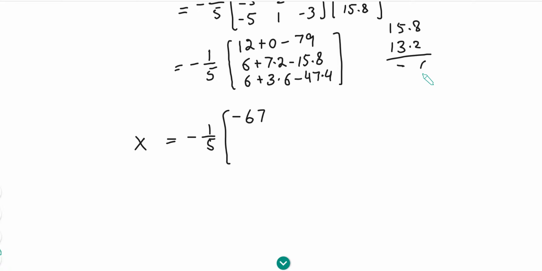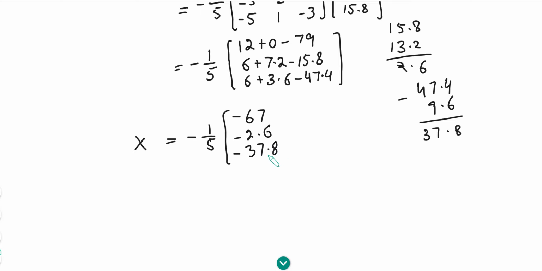Their difference is 2.6, which will be negative 2.6. In the same way, this is negative 47.4, and this one is 9.6, and it will be negative 37.8. So all numbers are negative here.